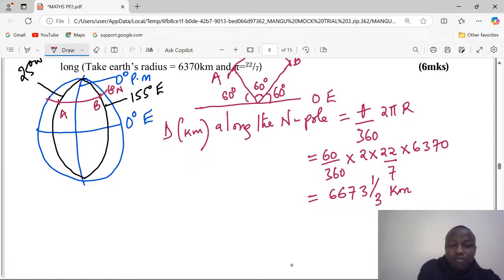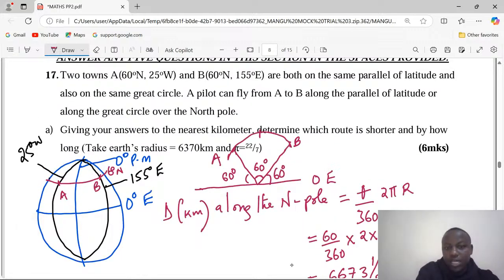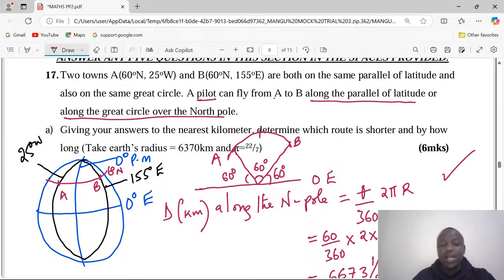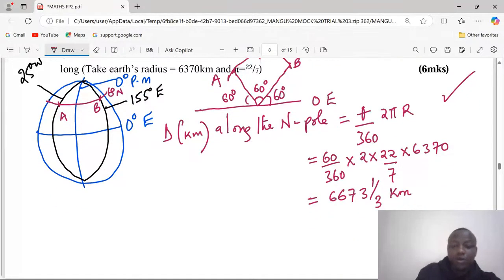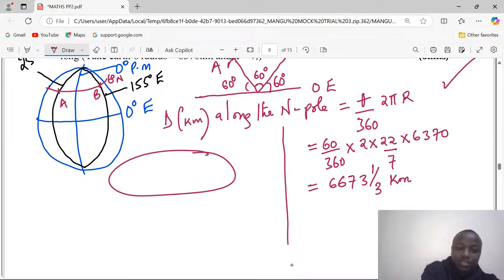Now, if we move along the parallel of latitude, remember there are two options. The pilot can fly from A to B along the parallel of latitude or along the great circle. We have begun with the great circle. Let's check the other option, whereby the same pilot moves along the parallel of latitude.